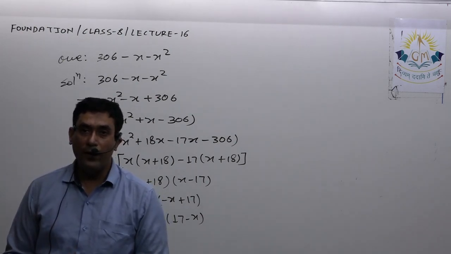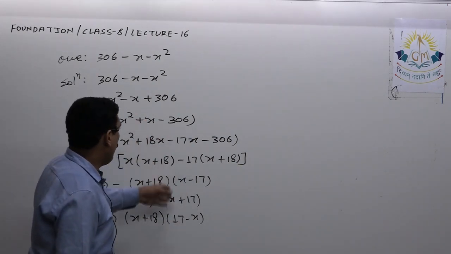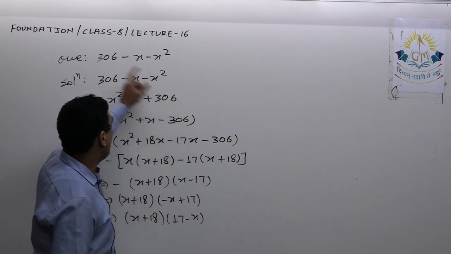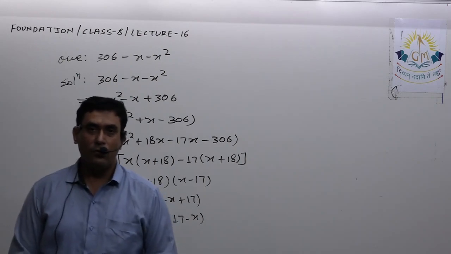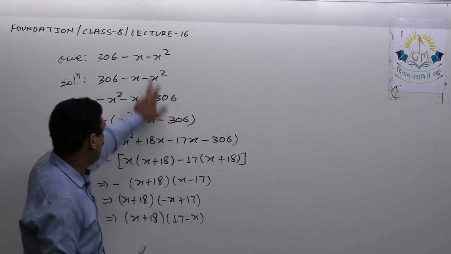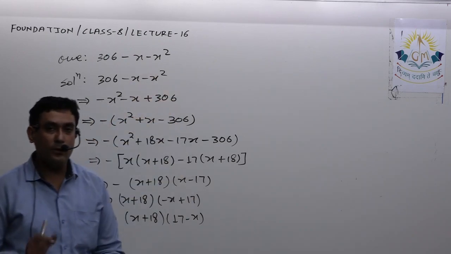Then we find the factors of a multiplied by c. In all the questions we saw today we only found the factors of c because a was 1 in each and every question. The coefficient of the first term was 1, so we found the factors of only c, that means the constant term.